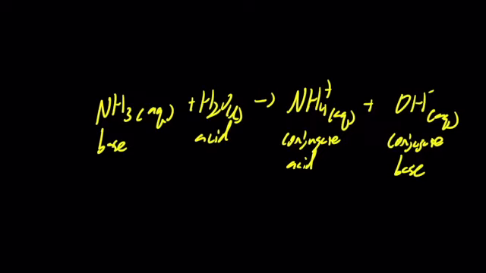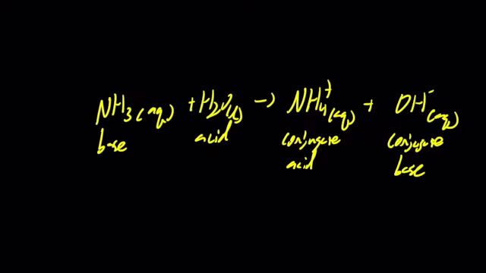So it ends up being that NH4 plus and NH3 are referred to as a conjugate acid-base pair. What does that mean exactly? It's simply two substances related to each other by the transfer of a proton. And the same goes for H2O and hydroxide.